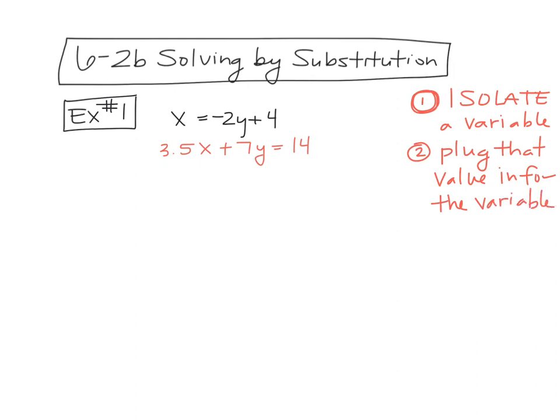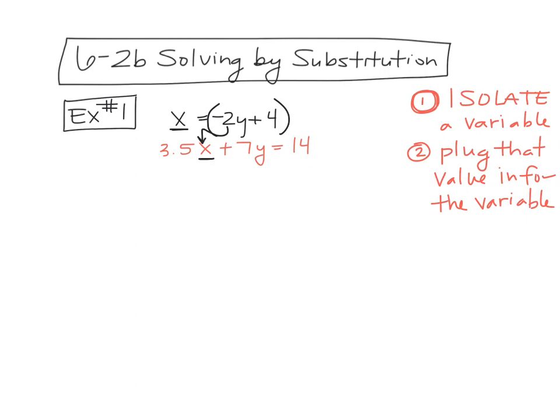In this case, we know what x equals. So we're not putting 3.5 in for the x, right? We're going to take the x out and we're going to put in our new expression.